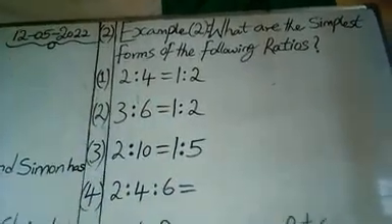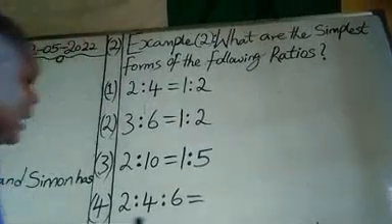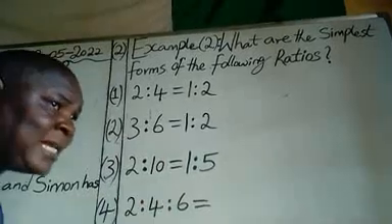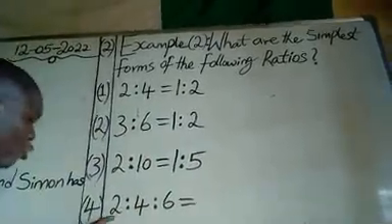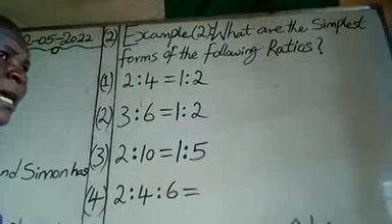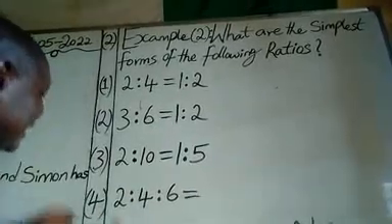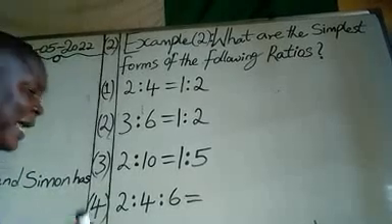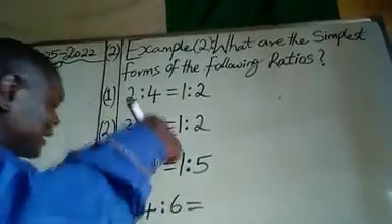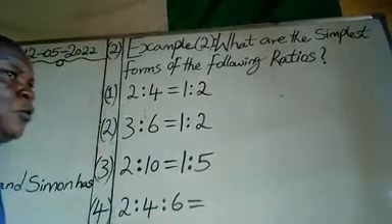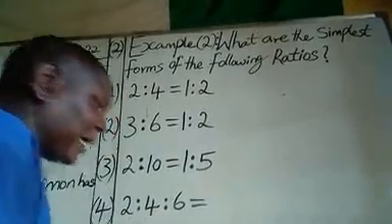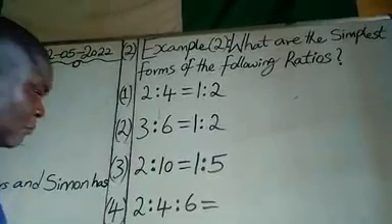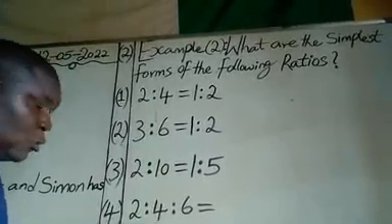I have to select a non-zero number that I can divide 2 by without a remainder, 4 by without a remainder, and 6 by without a remainder. Okay? Let me select 2.